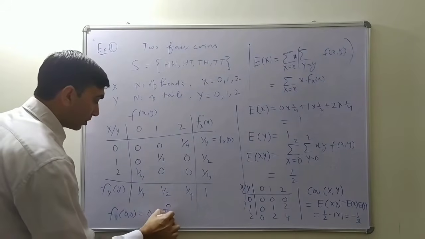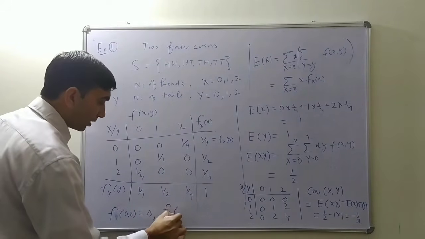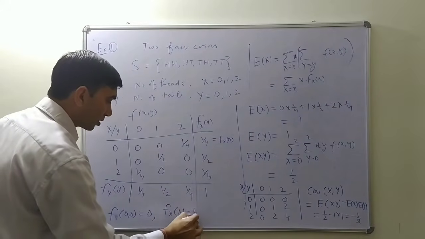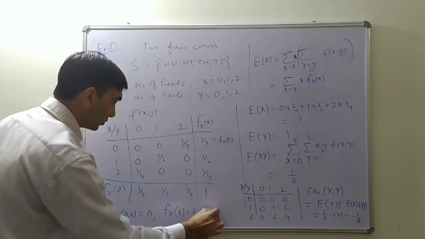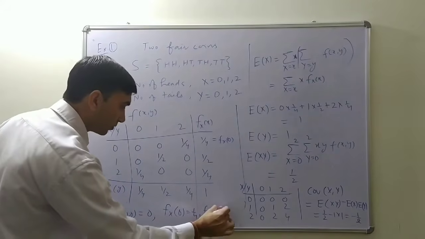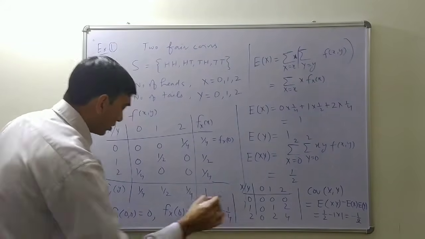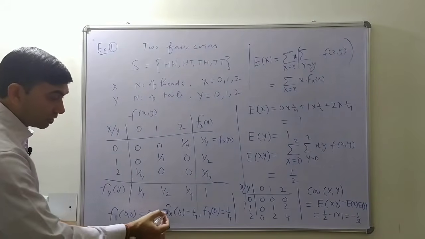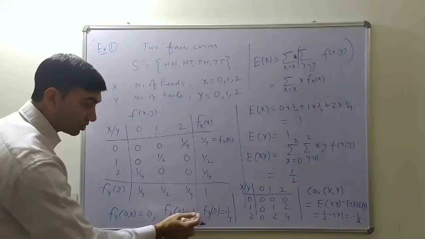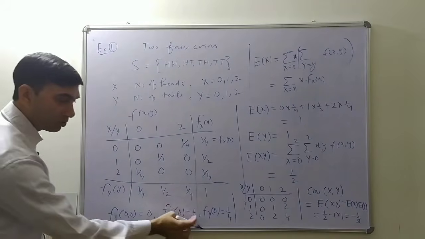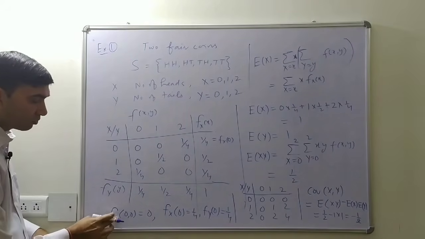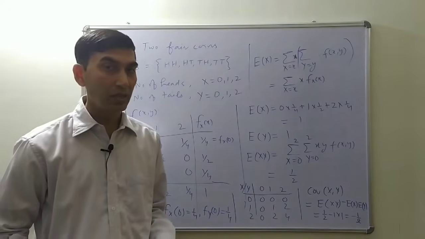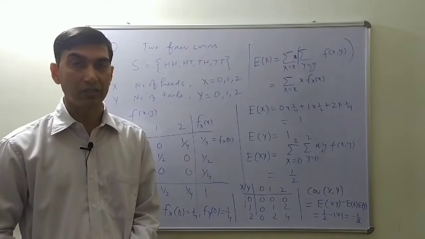And the marginal PMFs at 0: fx at 0 is 1 by 4 and fy at 0 is 1 by 4. You can see that the value of fxy at 0, 0 is not equal to the product of marginal PMFs at 0, 0, because here the product is 1 by 16 but the value of fxy at 0, 0 is 0. Both are not equal. What does it mean? X and y are not independent.